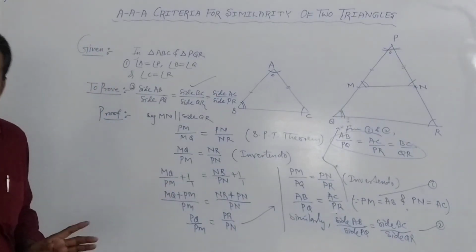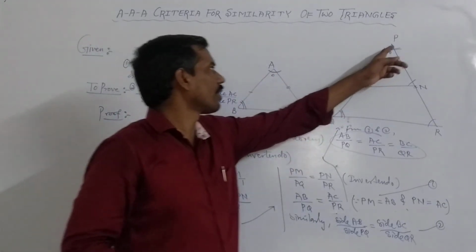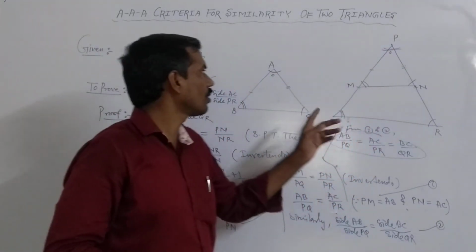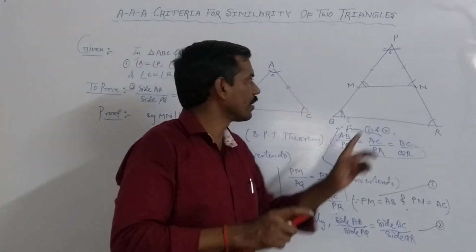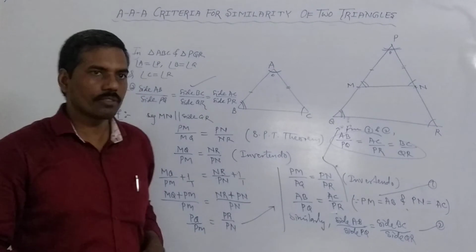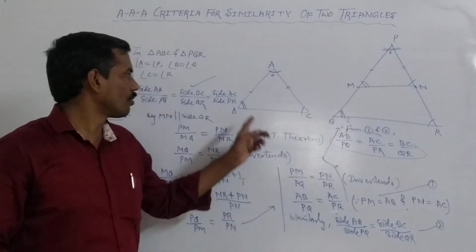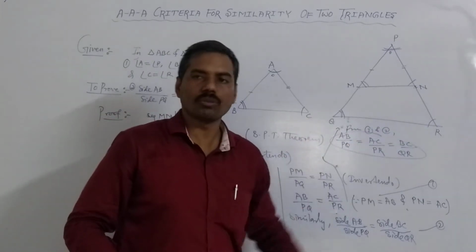Okay, students. Similarly, we can take two triangles ABC and PQR.